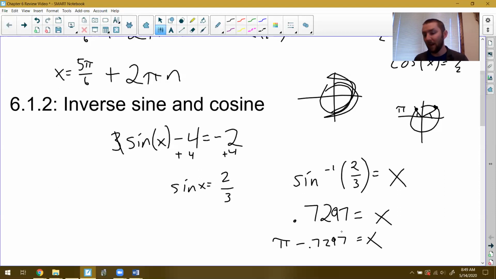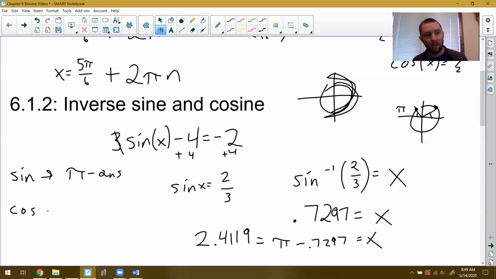So if I do pi minus that answer, I get about 2.4119. Okay, so that's my other value of x. So for sine, remember, to find the other answer that the calculator does not give us, we have to do pi minus the answer that we got from the calculator.